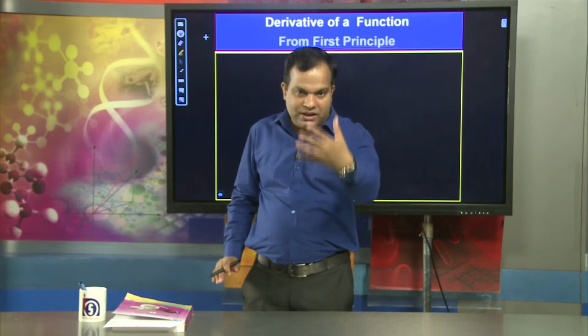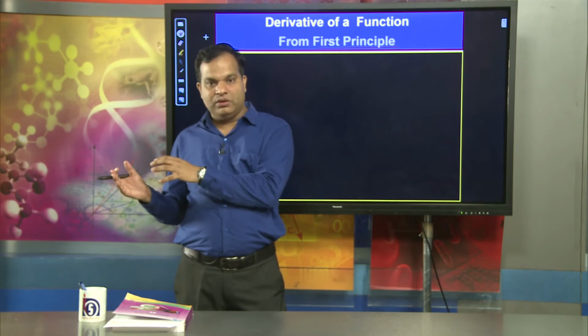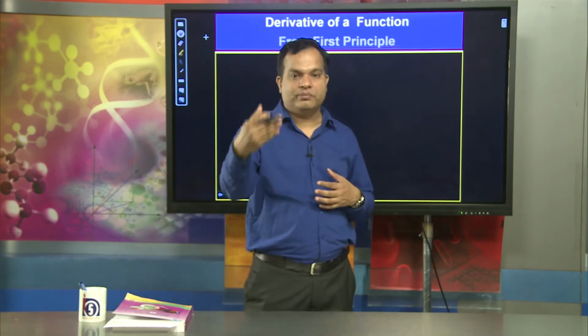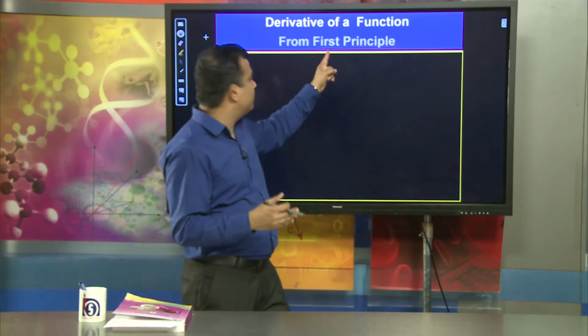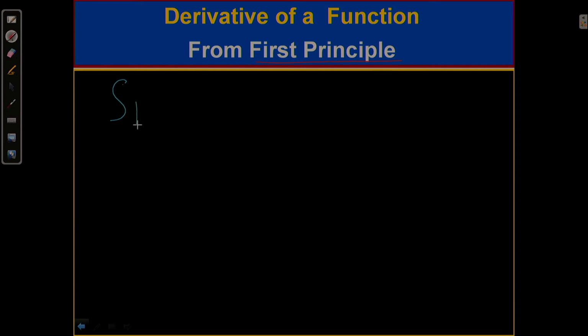What are these steps? Theoretically we will discuss them, then by taking one example we will find the derivative of the function by using the first principle. Step 1: first you have to write down the function itself.